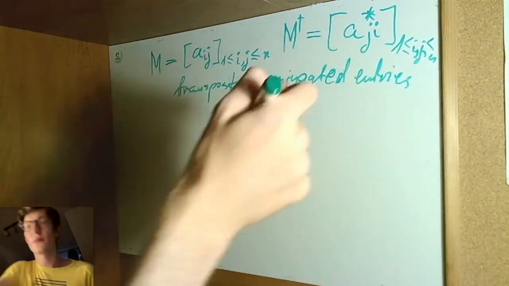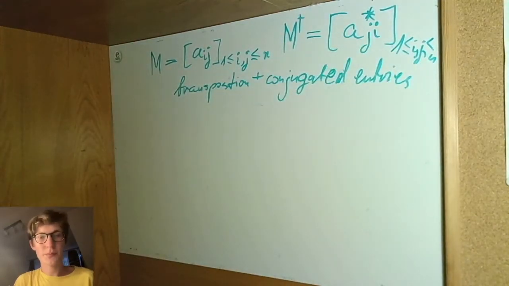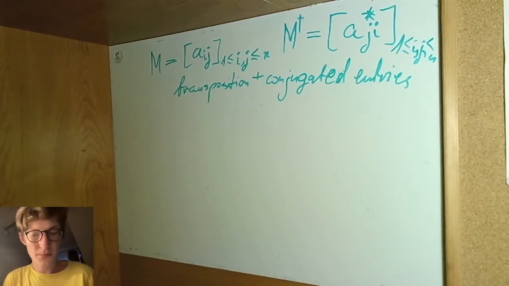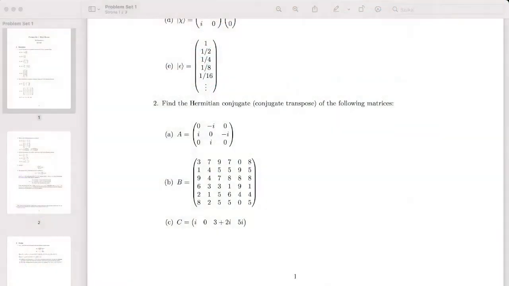This is how you can think about it. We transpose the matrix and conjugate entries. So let's just do that for these matrices. Okay, so the first one is 0, minus i, 0, i, 0, i, 0, i, and 0.